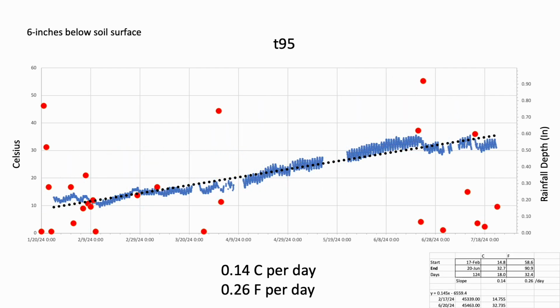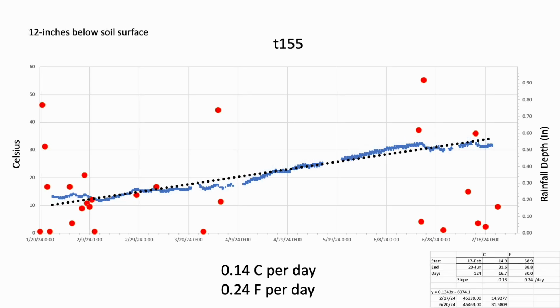And of course, if we go about 6 inches beneath soil surface, now all of a sudden both the slope of that temperature increase as well as the absolute temperature increase per day is going to flatten out, and our variability goes way down. And that makes sense, again, because of that thermal mass in the soil that's buffering those diurnal fluctuations.